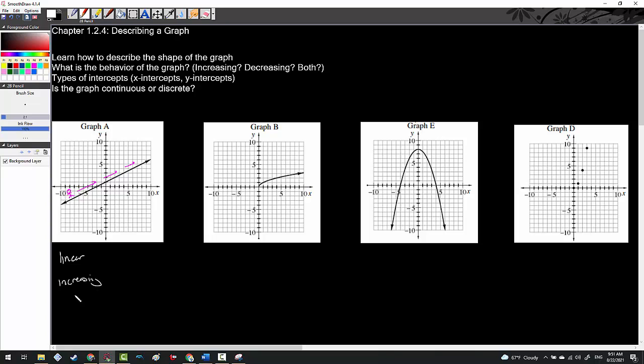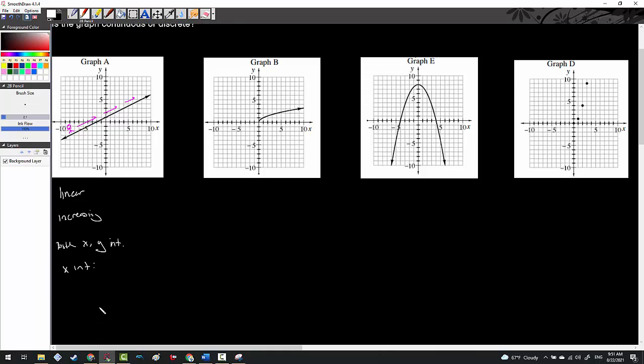Types of intercepts. I believe it has both x and y intercepts on it. If you wanted to, and these ones are scaled appropriately, you could say the x-intercept. Now, let me type this out for you guys.